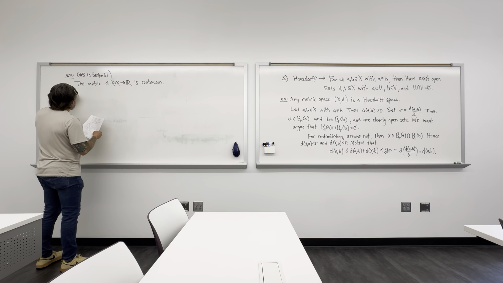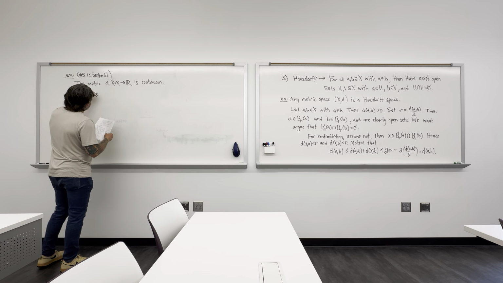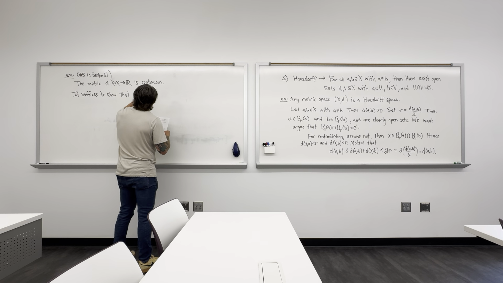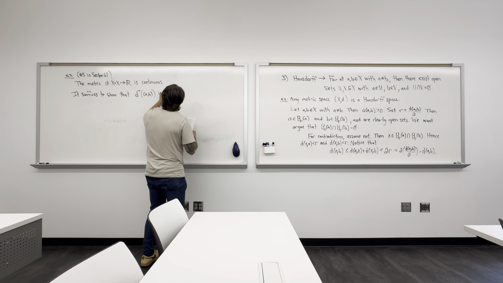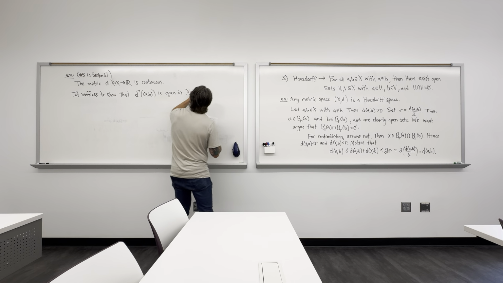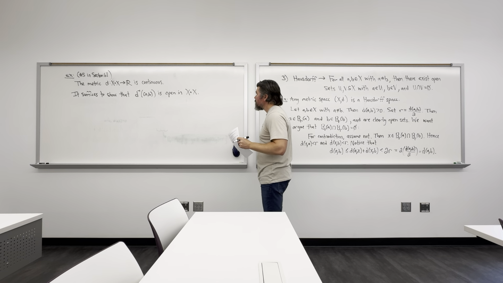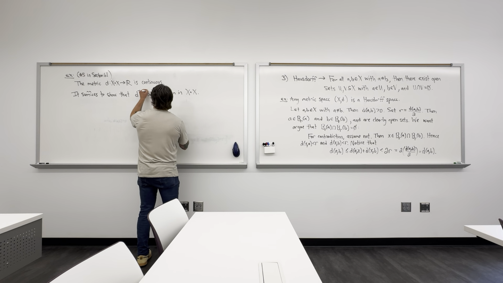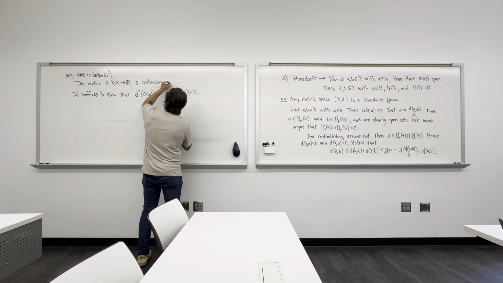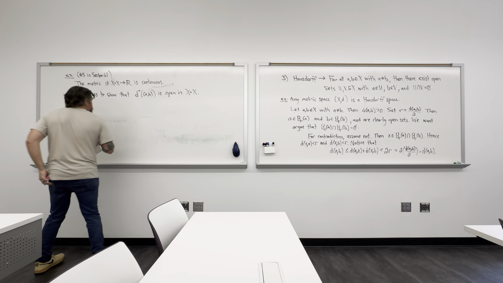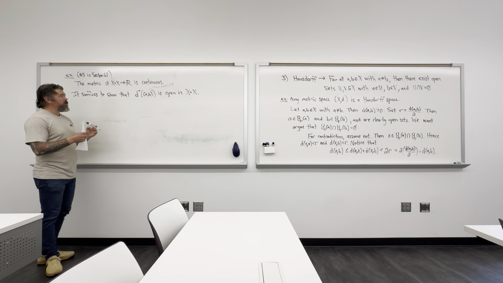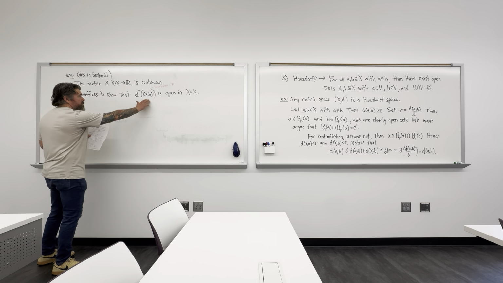So it suffices to show that D inverse of (a,b) is open in the Cartesian product X cross X. This is a basis element, because any open set is the union of those, and we can pull out unions with inverse images, so we can just focus on the basic set.